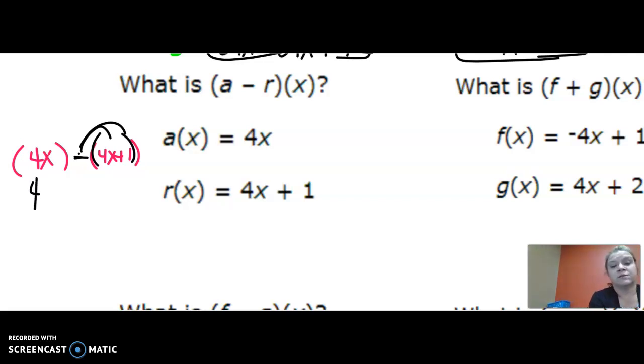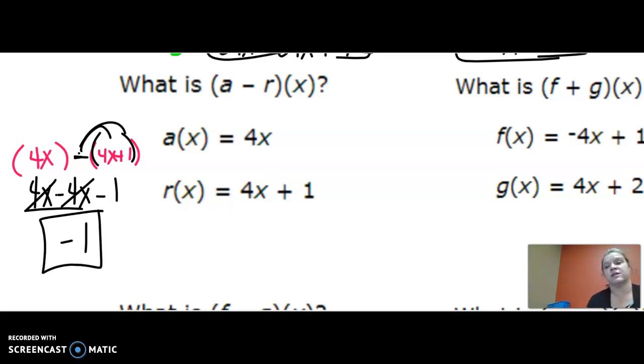So whenever it says to subtract, it means to change. The 4x is going to become a negative 4x, and the positive 1 is going to become a negative 1. Then we put our like terms together. 4x minus 4x cancels out. So in this problem, our answer is negative 1.